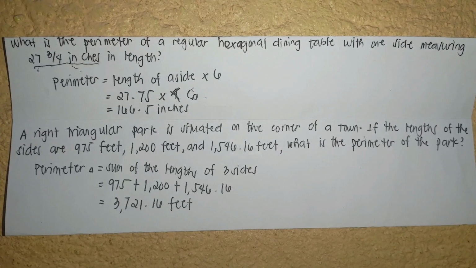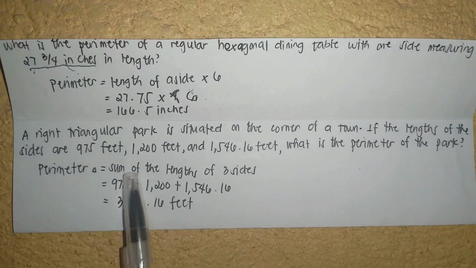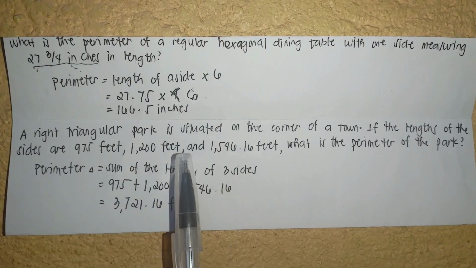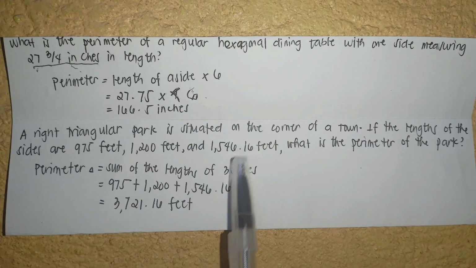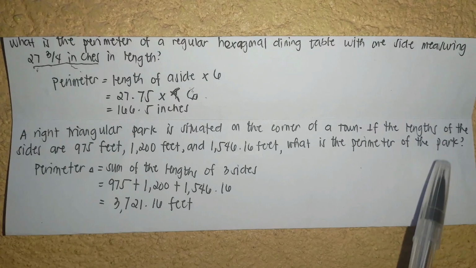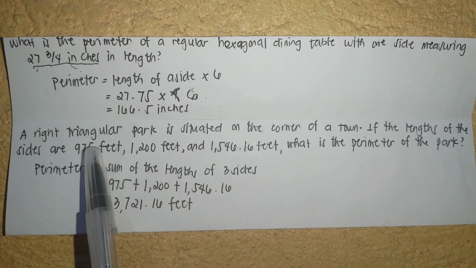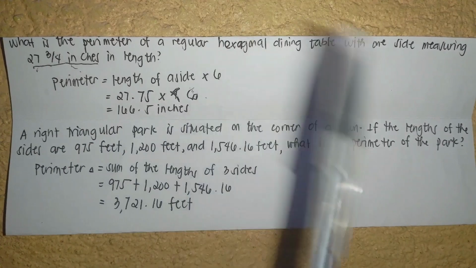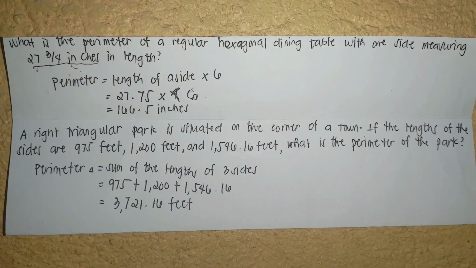And how about naman sa last? So sa last, a right triangular park is situated on the corner of a town. If the lengths of the sides are 975 feet, 1,200 feet, and 1,546.16 feet, what is the perimeter of the park? So, the park is triangular, or a triangle.